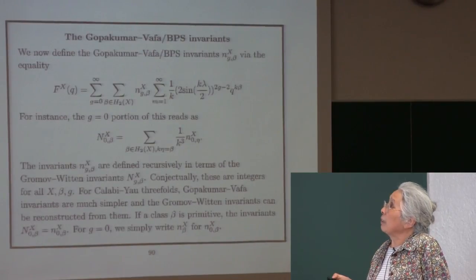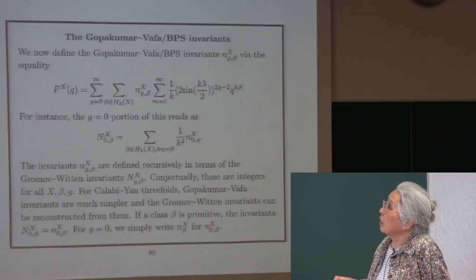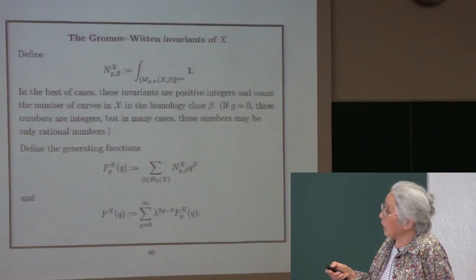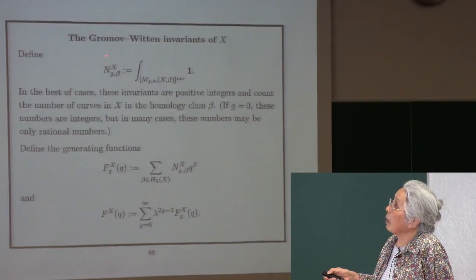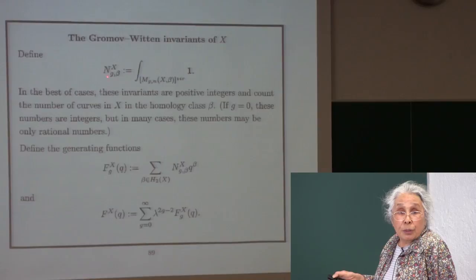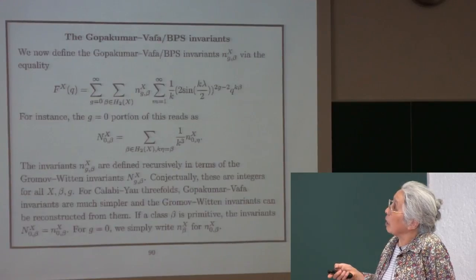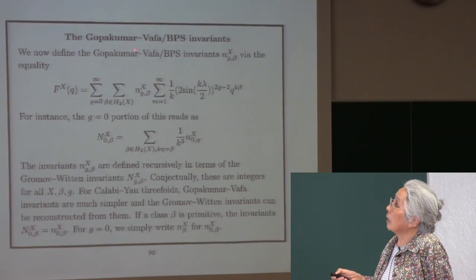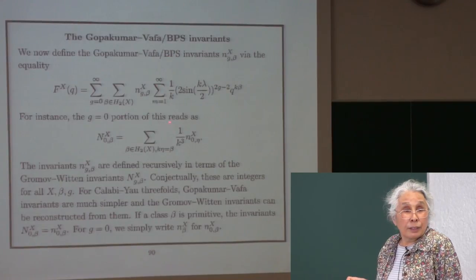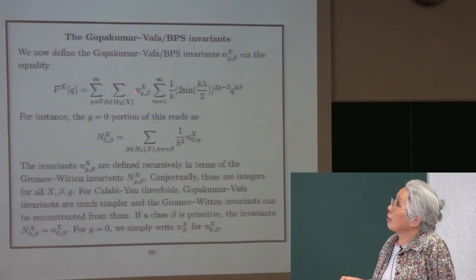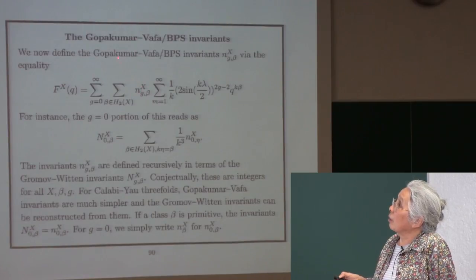So these functions are extremely difficult. I said that this Gromov-Witten number, capital N g beta of X, is not computable. So physicists came up with a crazy idea. If you consider a more complicated invariant, little n g beta of X, this is called the Gopakumar-Vafa invariant or BPS invariant, and it is defined by this equation.